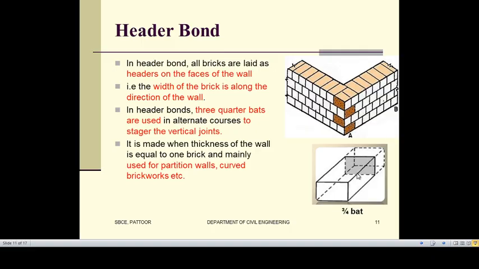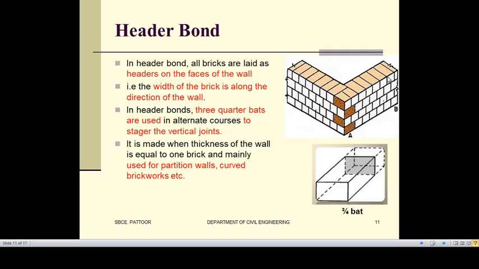A 3/4 bat has a length equal to 3/4 of the length of a full brick. So this figure shows the isometric view of the header bond, and this header bond is usually used for partition walls, curved brick work, etc.